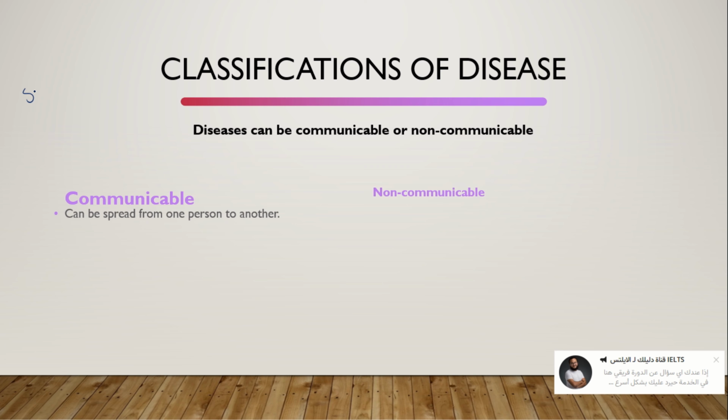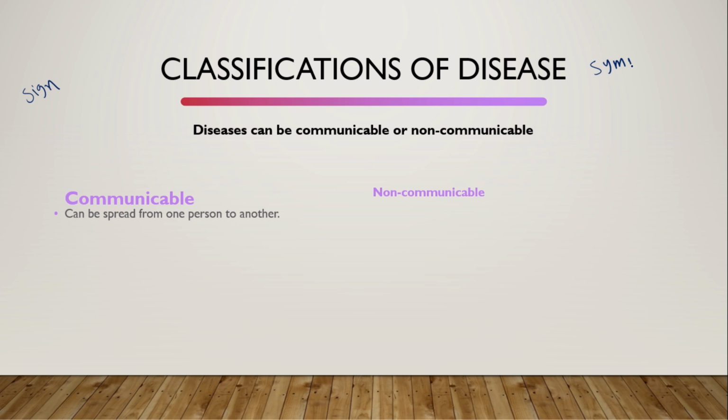Signs and symptoms. Who can tell me the difference between sign and symptoms? In one word, sign can be seen, like what? Skin rash. Symptoms can be felt, like what? Pain in the chest or pain only.